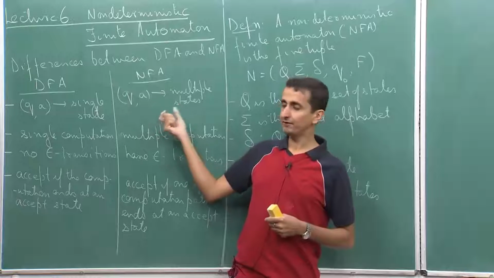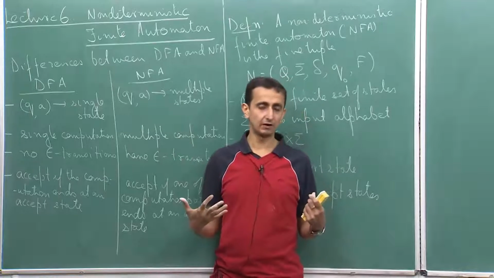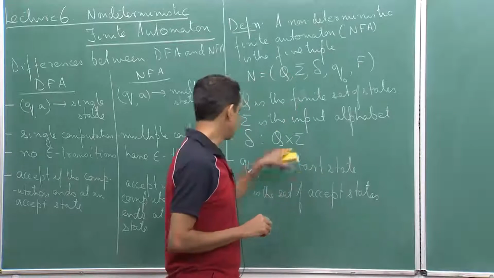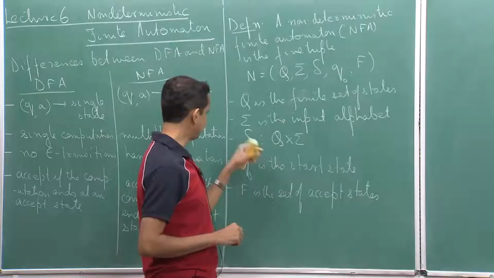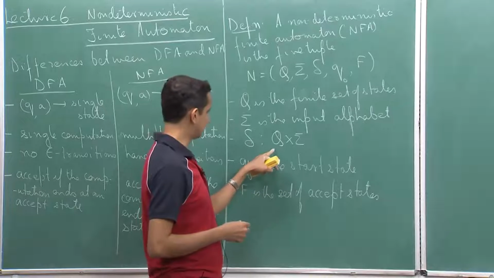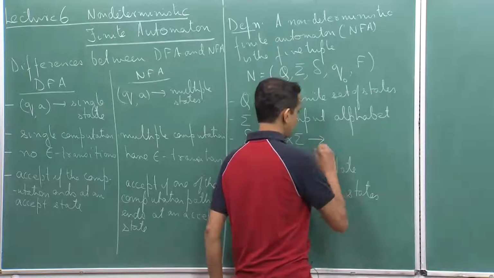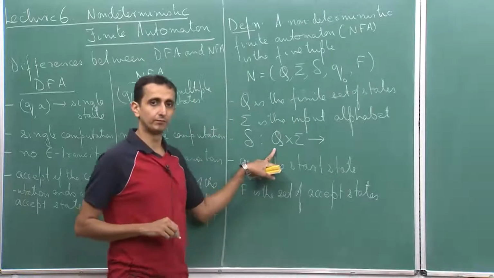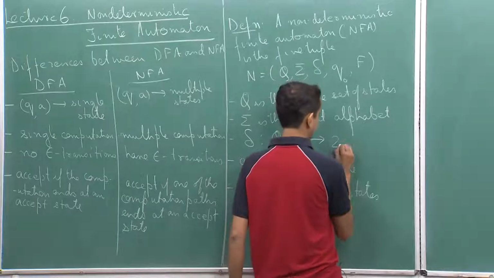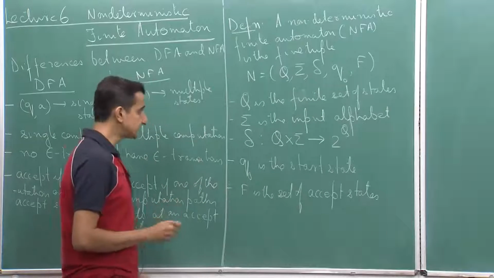In the case of an NFA, from a state comma symbol pair we can go to multiple states, and that can include the empty set as well. So, it is a function from Q cross Sigma to the power set of Q, basically the set of all subsets of Q. This we denote as 2 to the power Q.